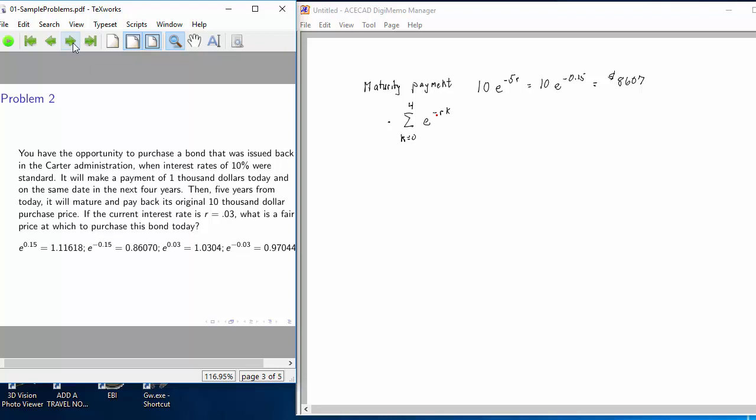And conveniently, when we sum these all up, we discover we just have to sum another geometric series. In the numerator, we have 1 minus e to the minus 5r. In the denominator, we have 1 minus the ratio in the geometric series, which is e to the minus r.